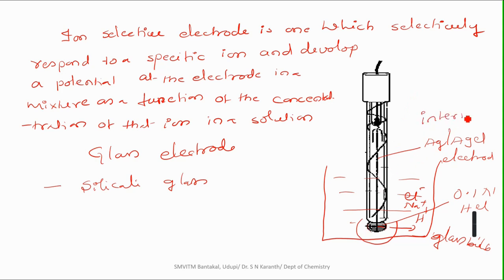This is also called the internal reference electrode. Okay, and it is connected for external electrical contact by means of a platinum wire. The electrode is dipped in a solution containing H plus ion of different strength.